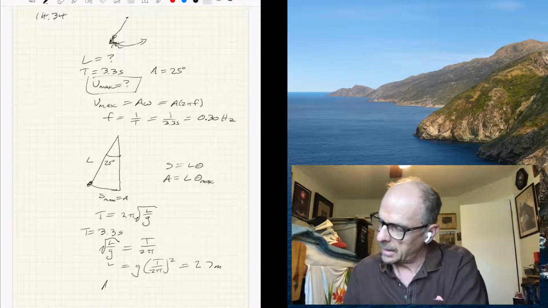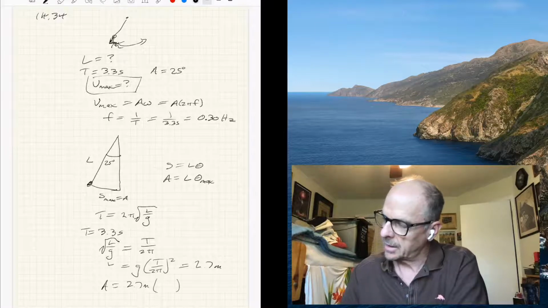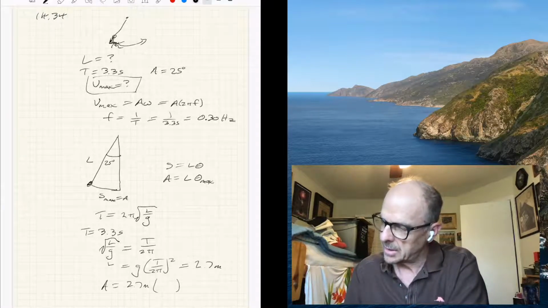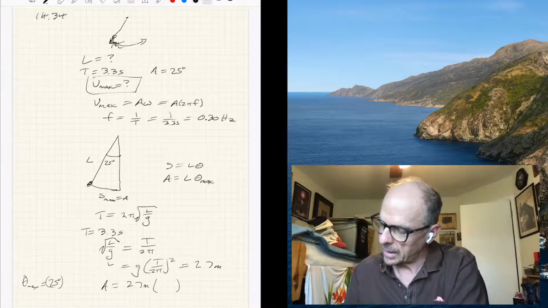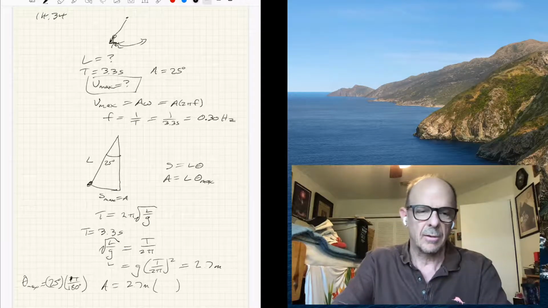Then A is 2.7 meters times theta max in radians. So I have to convert 25 degrees to radians, which I do by multiplying by pi divided by 180. There's pi radians in 180 degrees.